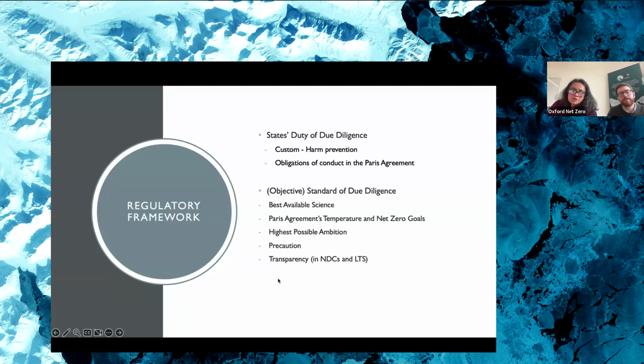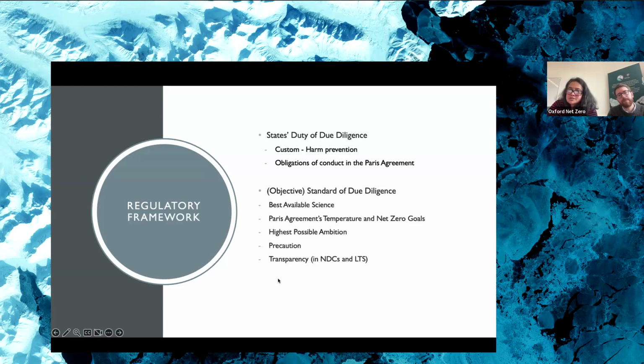The customary international law principle of harm prevention, that states have a responsibility to prevent harm in areas beyond their national jurisdiction, transboundary environmental harm in areas beyond national jurisdiction. This is a binding customary international law obligation, and it entails an obligation of conduct, though not of result.